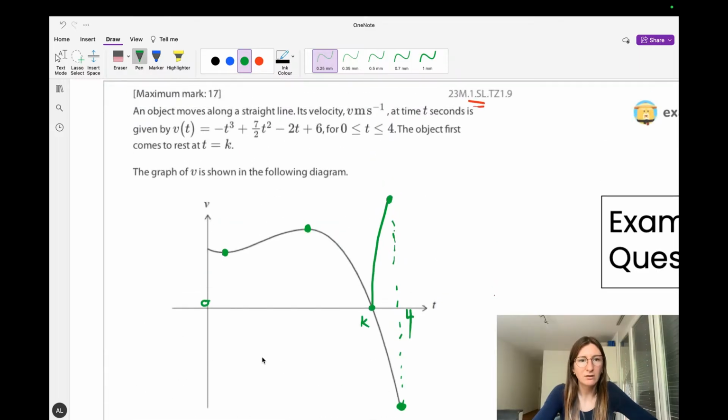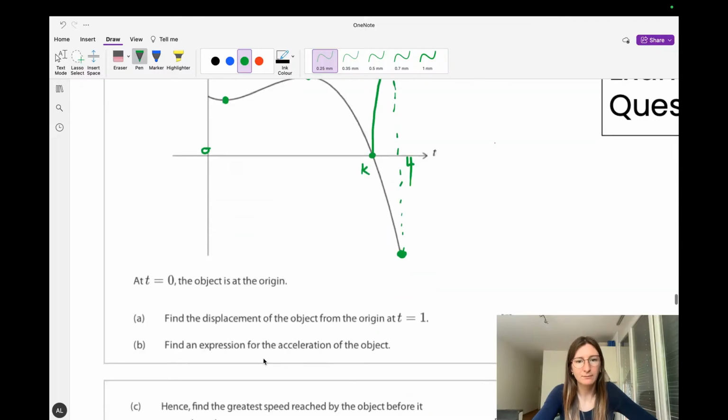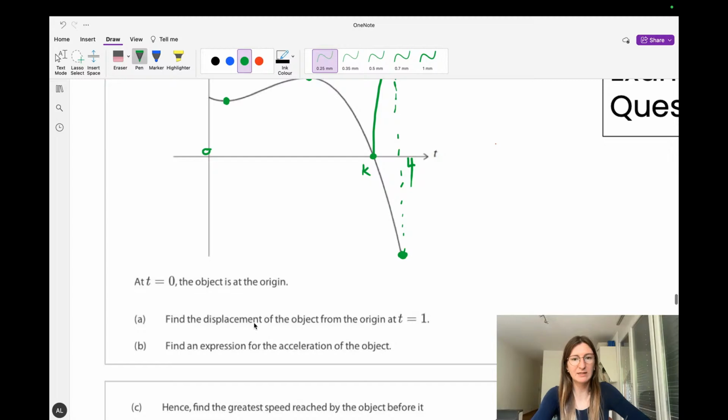So they say, find the displacement of the object from the origin at t equals 1. Have they given us any clues about t equals 1? No. But we could find displacement by taking the integral of the velocity.